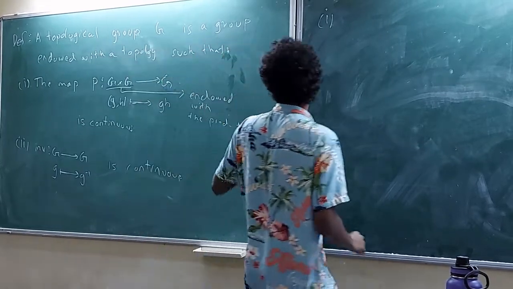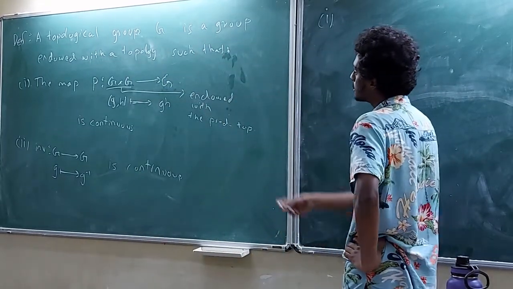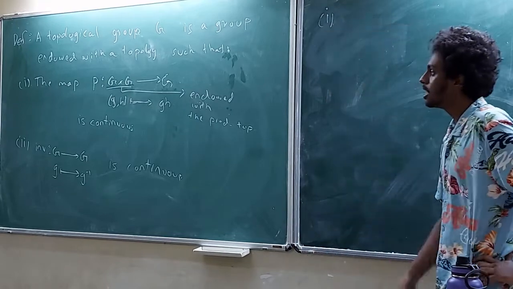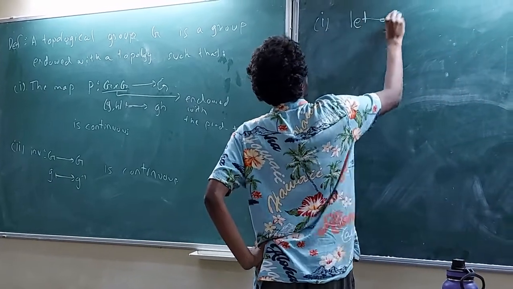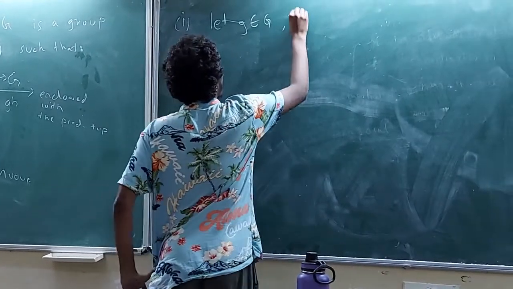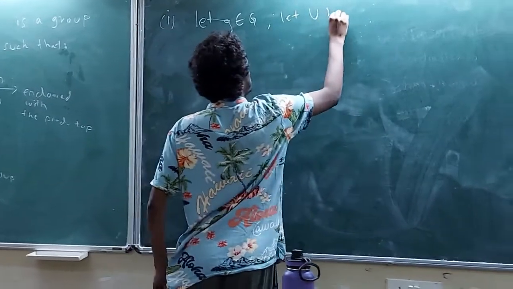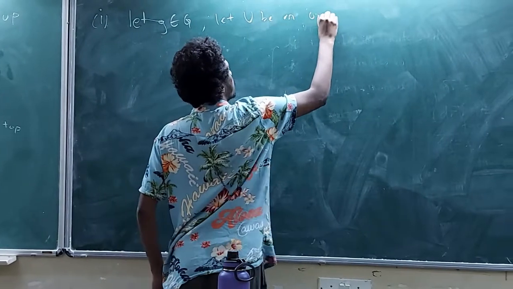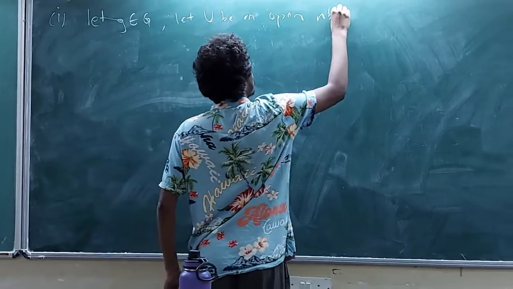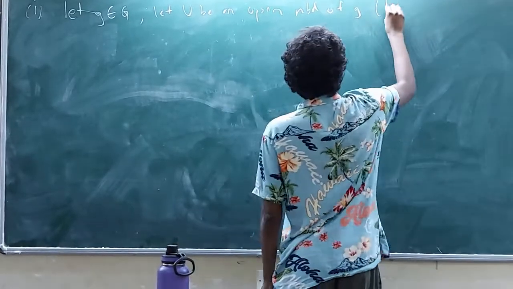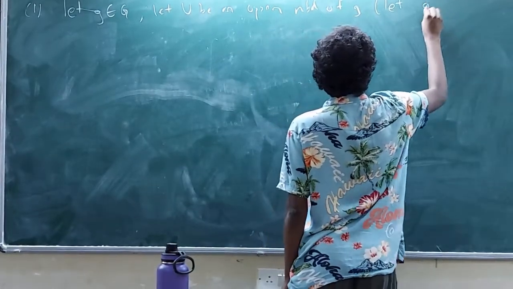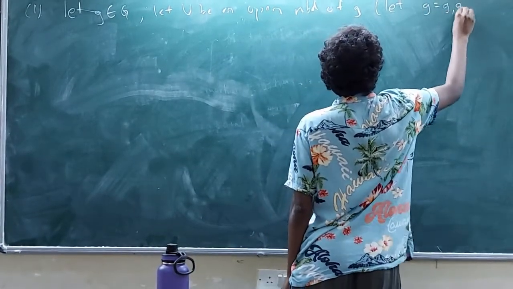So what does this say? This says that since the product map is continuous, let g lie in G, and let U be an open neighborhood of g, and let g equal some g1 times g2.